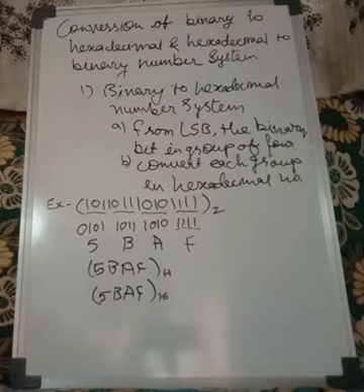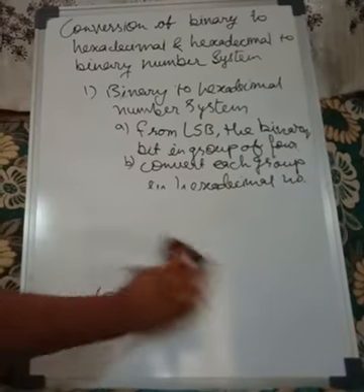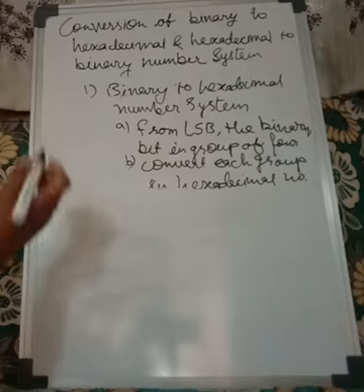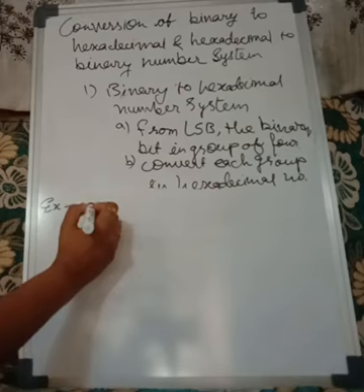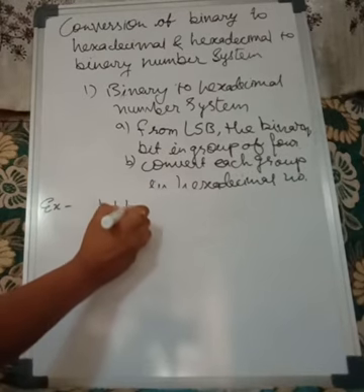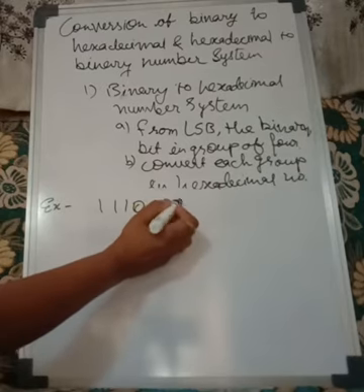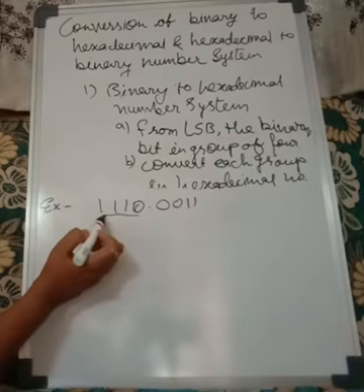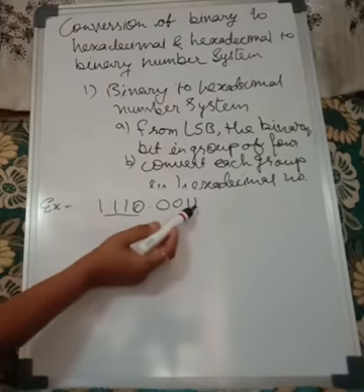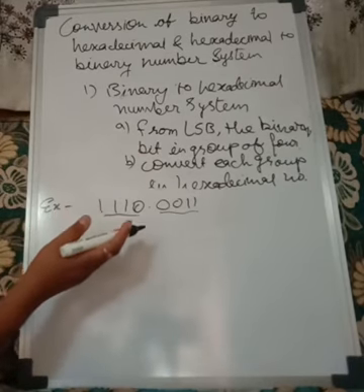We'll see one more example with decimal point. Okay. So one more example. This is 1110.0011. So in this example, we can observe we have 4 bits in integer part and 4 bits after the point. So we can simply convert this number.